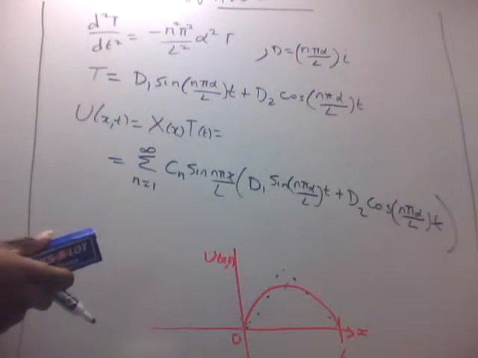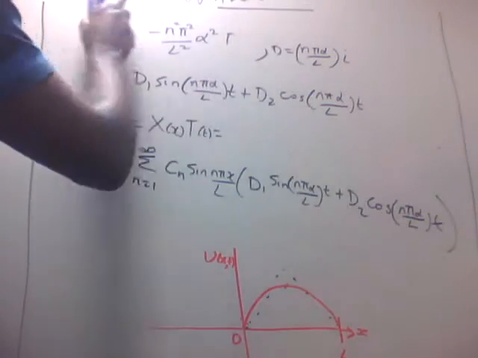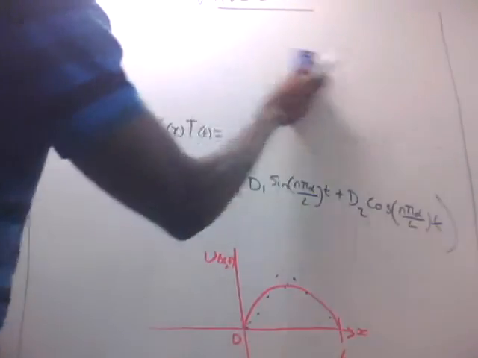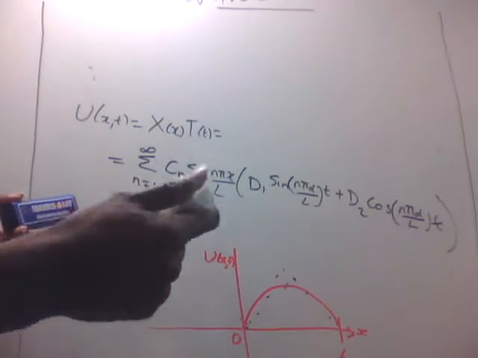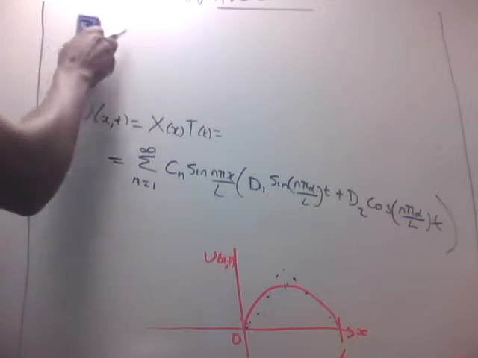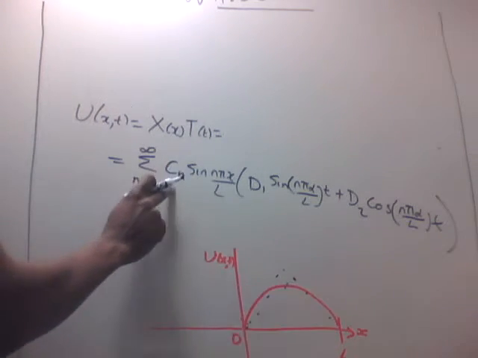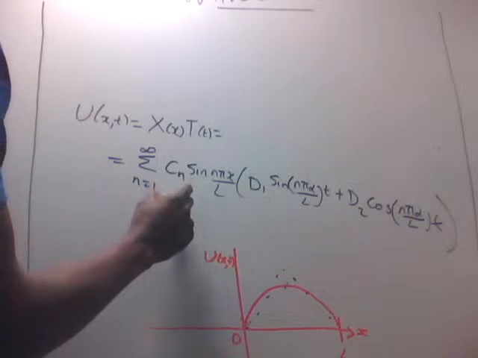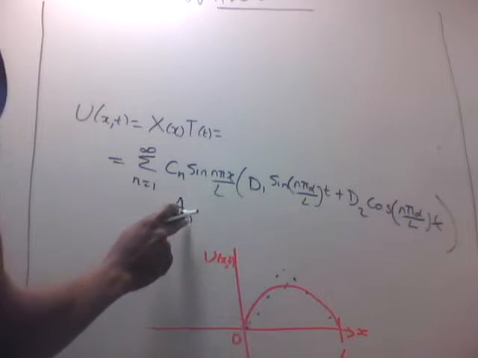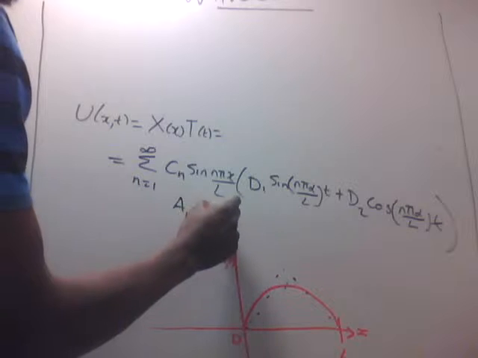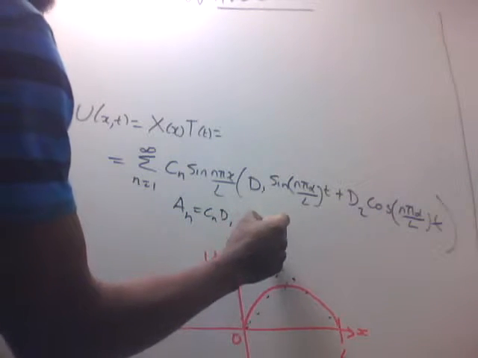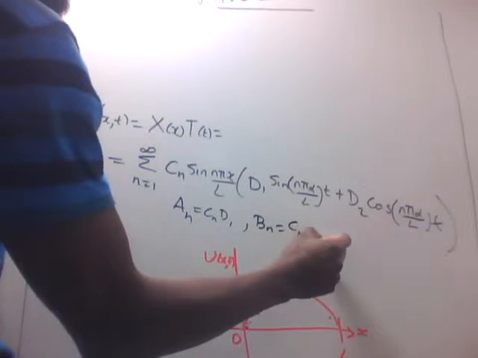Okay. So we have a full form for u. And all we need to do now is to apply our initial conditions. And actually, let me just group these constants. Call cn times d1 an, right? And call bn cn times d2.